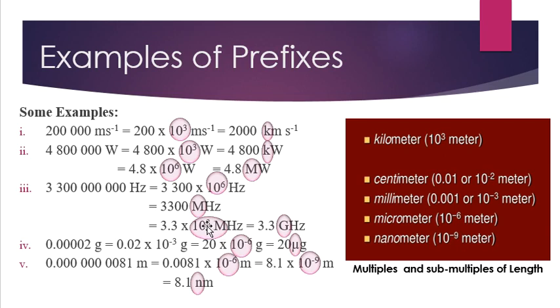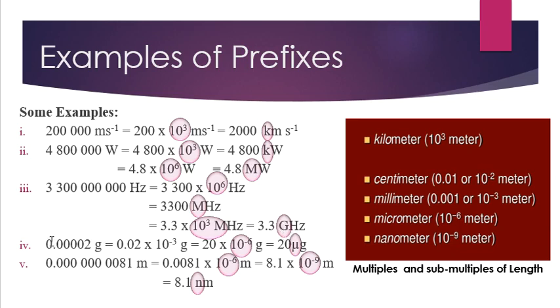So this 10 raised to power 3 and this will become 10 raised to power 3.3 into gigahertz, which is 10 raised to power 9, because 10 raised to power 3 and 10 raised to power 6, these two powers will be added, 10 raised to power 3 plus 10 raised to power 6. That would be 10 raised to power 9 hertz, which is represented as gigahertz.